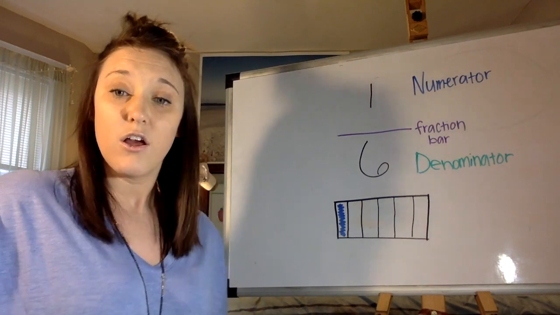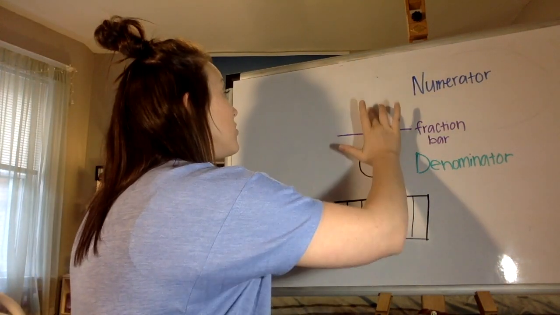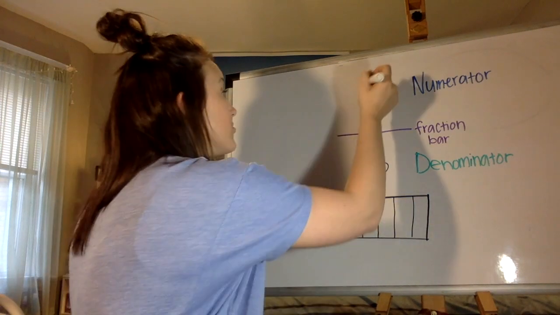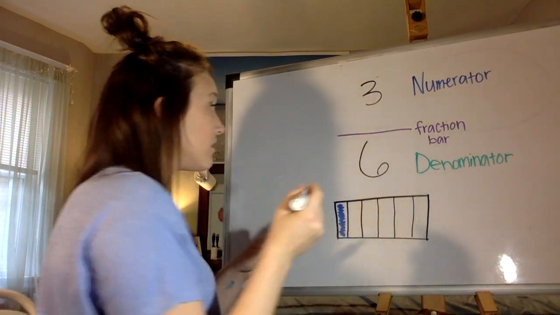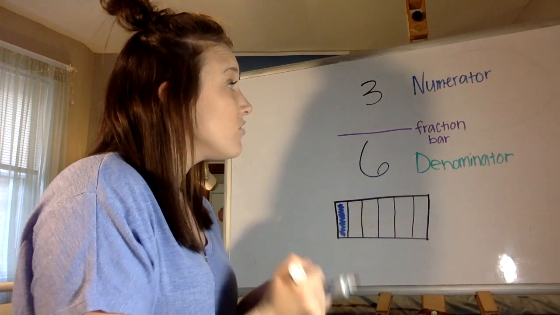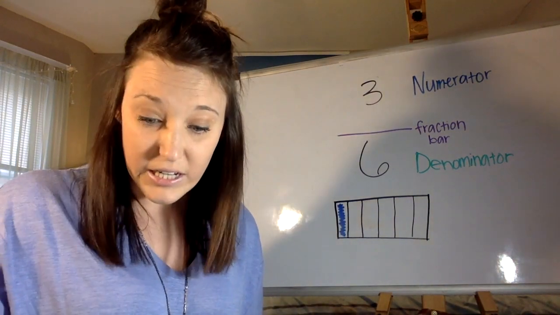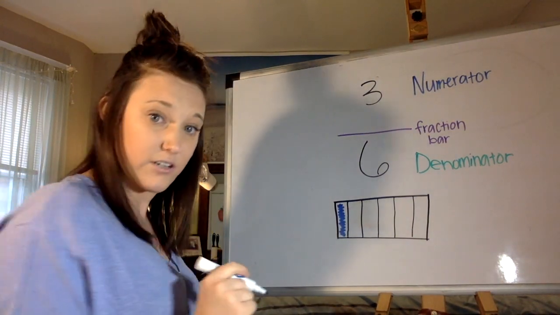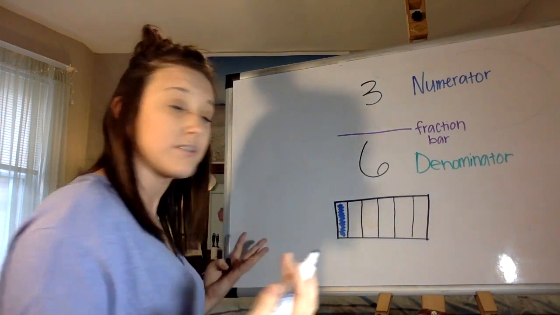Now what would happen if I change my numerator to a 3? Now I'm talking about 3 equal parts that are going to be counted out of the 6 whole equal parts that I have.